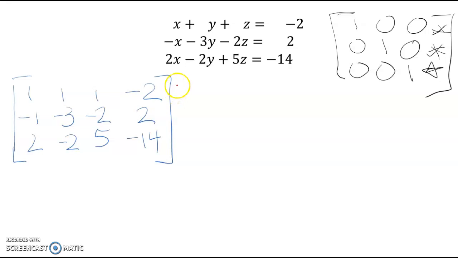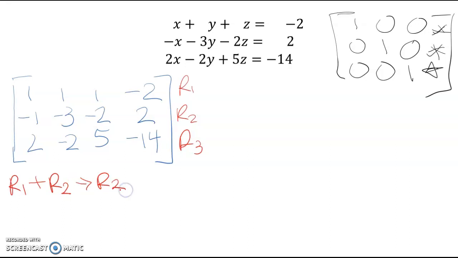Okay, so I'm going to name this row 1, row 2, and row 3. Now the thing about matrices is that instead of making new rows, you're replacing old ones. So in this case, I'm going to do row 1 plus row 2, and I'm going to replace row 2. Okay, and the goal of that is to add them together so that I get this 0 in the second row, first column location.